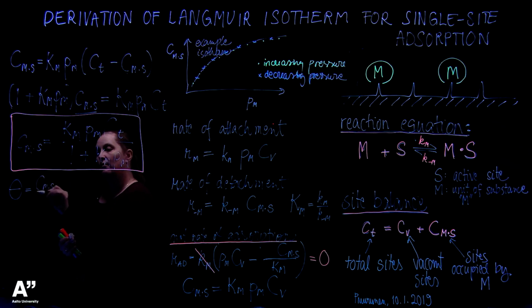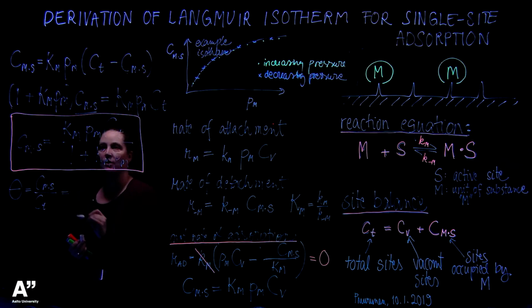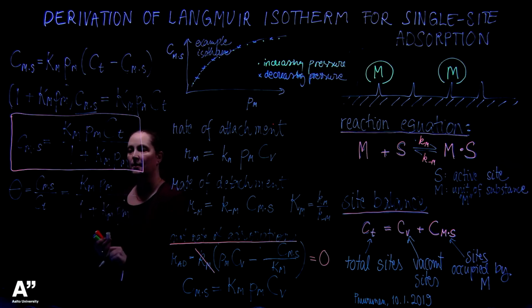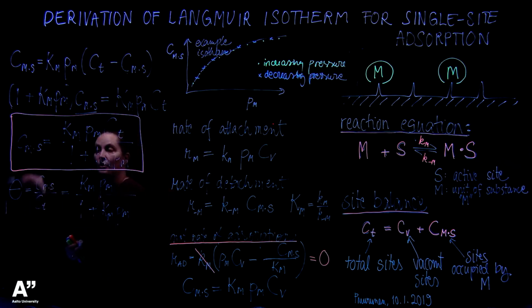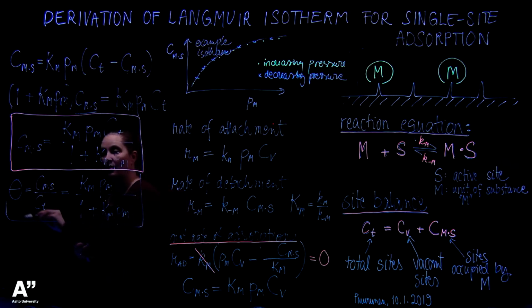So ratio of occupied sites to the total sites, and if we throw that one over there, we get that theta equals Km Pm divided by 1 plus Km Pm. This might be the Langmuir adsorption isotherm that some are already familiar with.